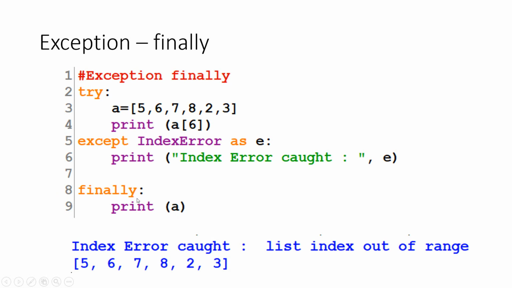Any statement enclosed by finally will definitely execute, irrespective of the exception. So finally, print A will print the list contents 5, 6, 7, 8, 2, 3. So we can use finally for our requirements in implementing any kind of application where, irrespective of exceptions, the statements have to be executed. Okay, thank you.